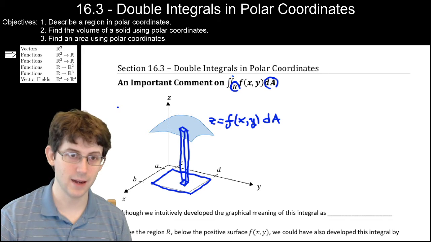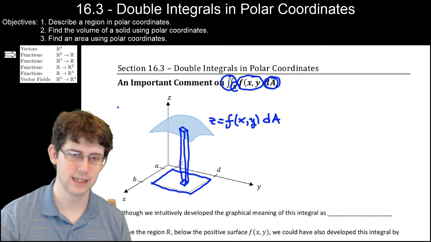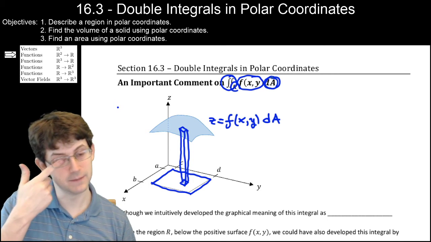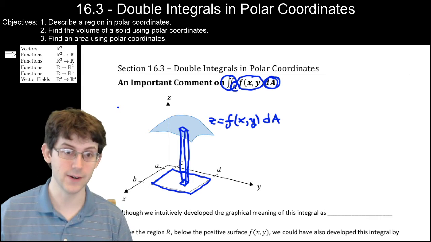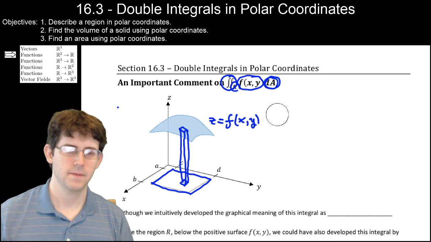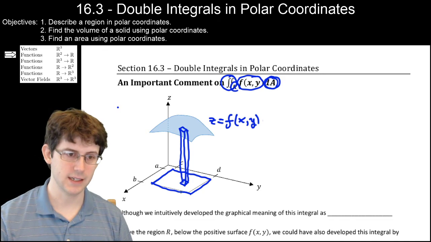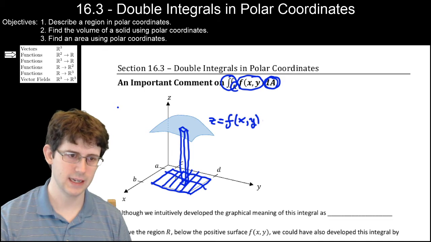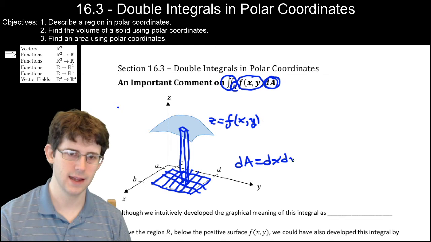And if you add up all the height times bases, then you're adding up all the volumes. Now when we slice up the base this way into a grid, what we get is that this little box, dA, was dx dy, or the little base dA was dy dx.